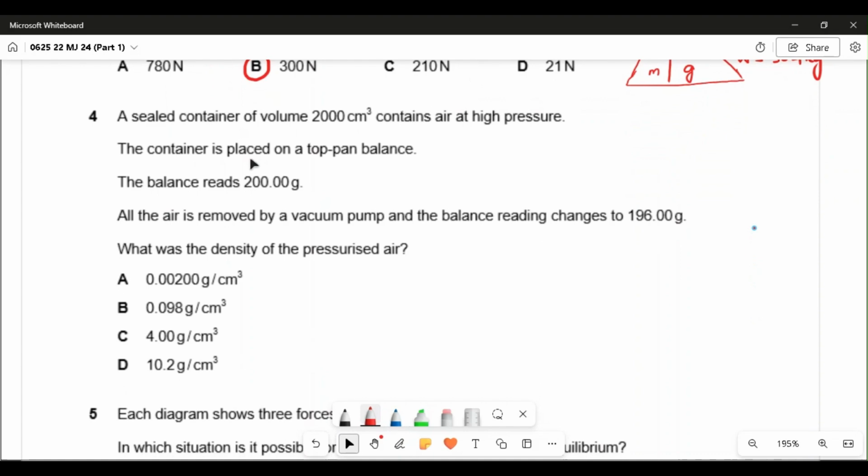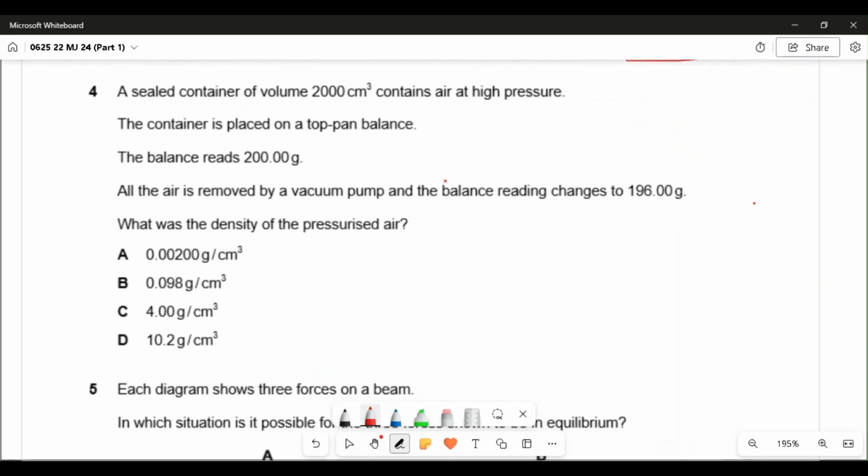Question 4. A sealed container of volume 2000 cubic centimeters contains air at high pressure. The container is placed on top of a top pan balance. The balance reads 200 grams. Then all the air is removed. When air is removed by the vacuum pump, the balance reads 196 grams.